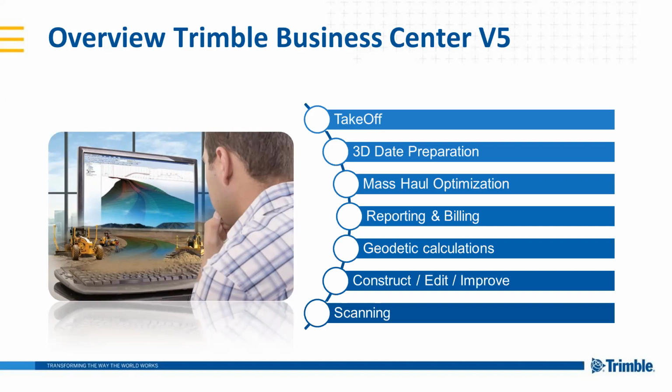That's also a big topic in Central Europe, to prove to the job owner what kind of volumes they were doing. Also geodetic calculations, the whole photogrammetry, COGO, CAD functionality, of course, construct, edit, improve, along with scanning technologies. So this is a high-level overview of features that Business Center is offering across the project.